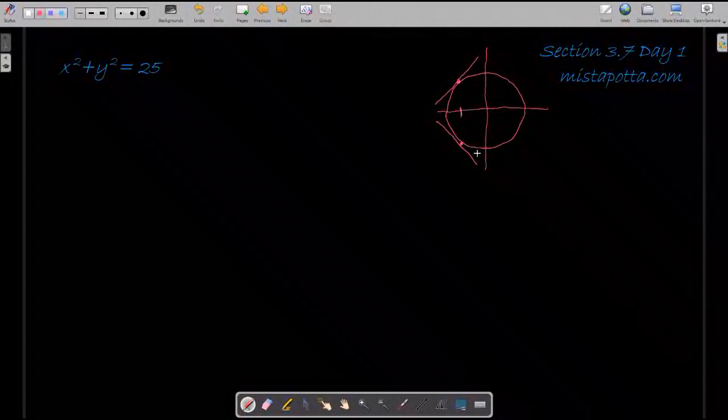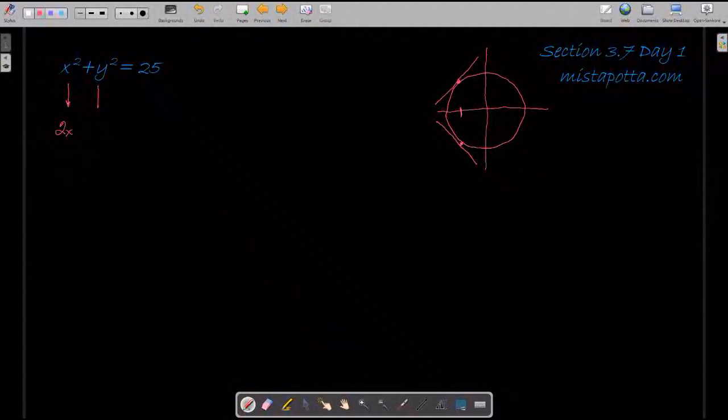So to take the derivative implicitly, I'm going to take the derivative of every term. If I take the derivative of x squared, I'm going to end up with 2x.